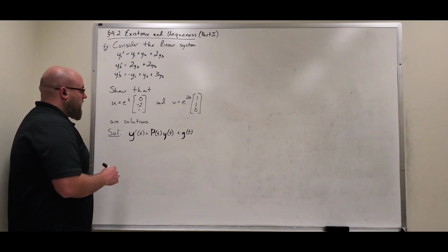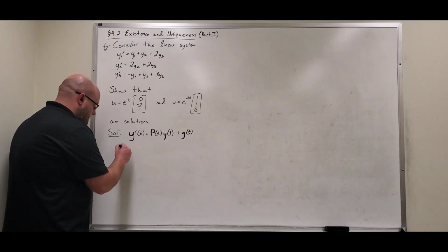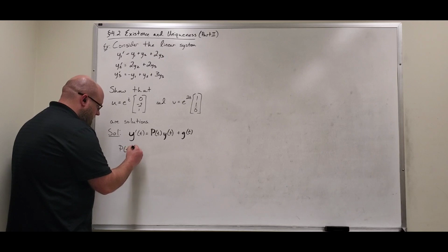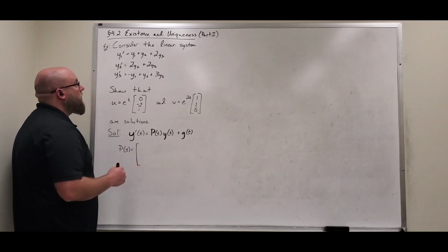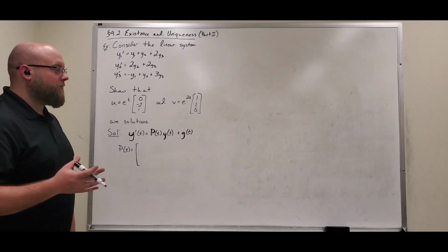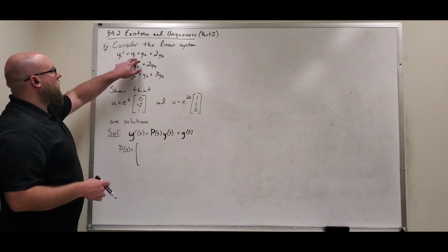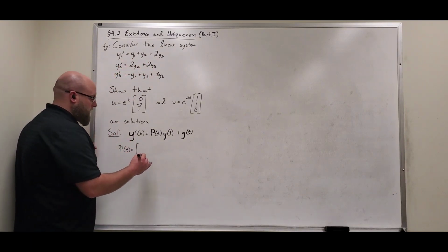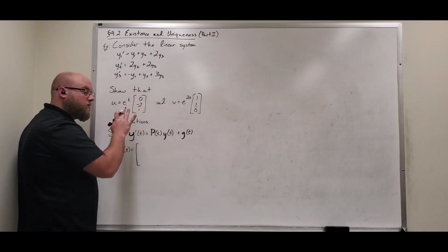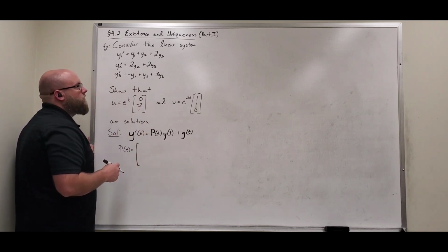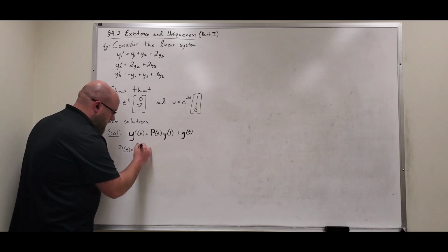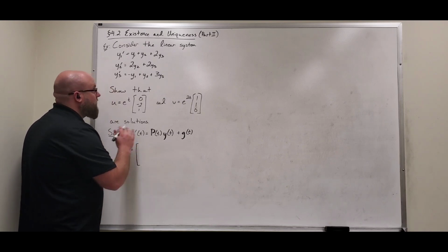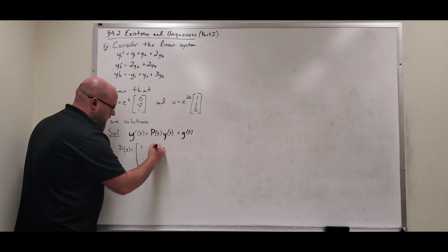So let's write our P of t. This is the one to be careful about. Remember I said there could be things that are missing as well. So we have our y1, y2, and y3. Look at the coefficients of those. The nice thing is notice that there's no weird functions that we have to deal with. It's all constants. So this is 1, 1, and 2.